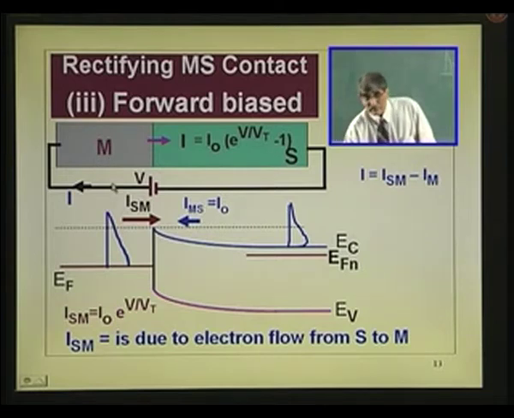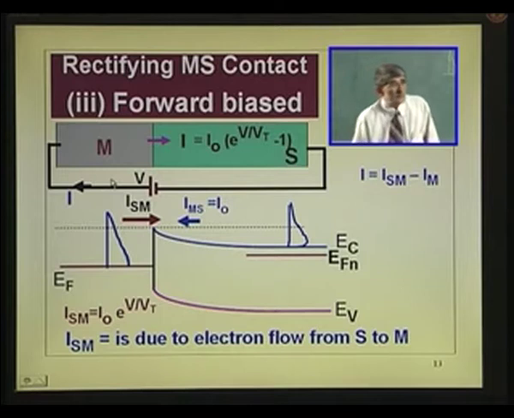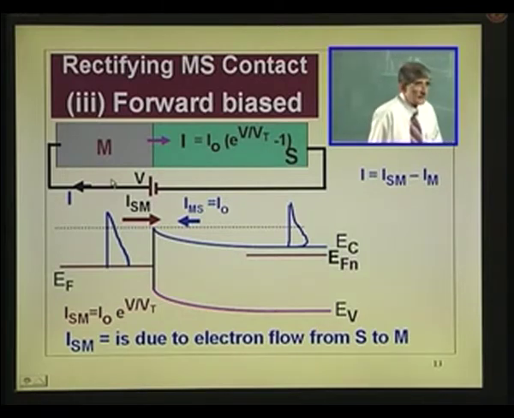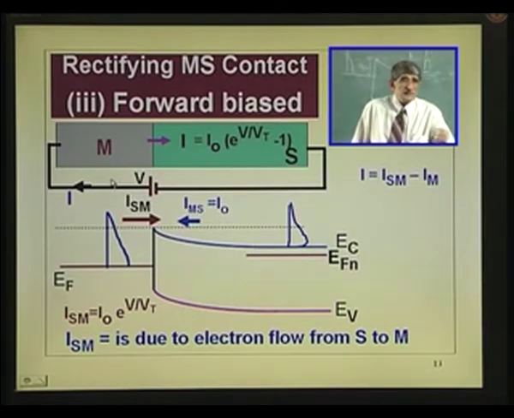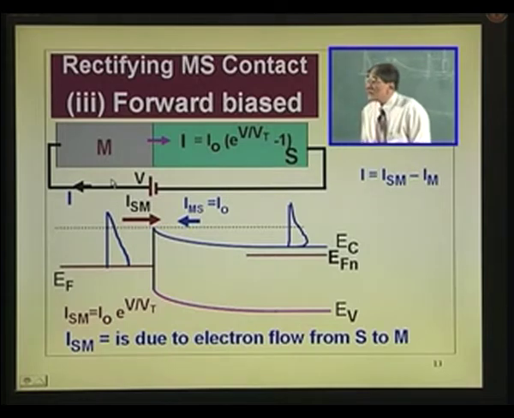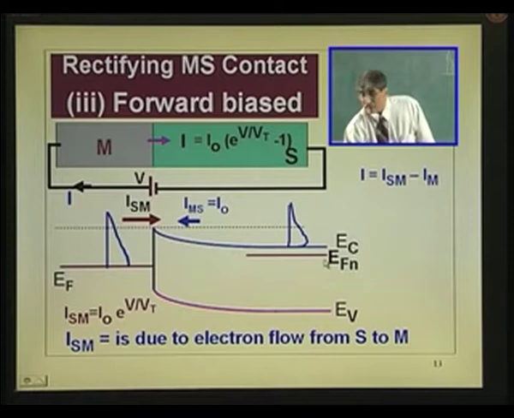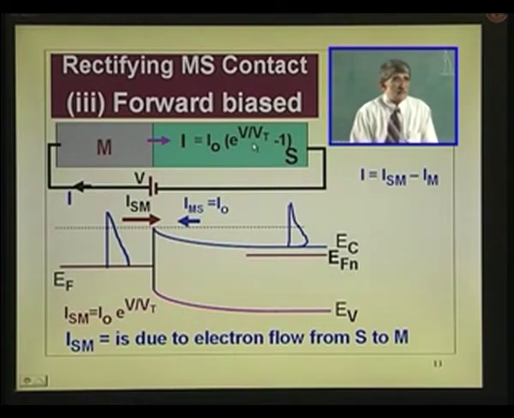When you forward bias, in the case of an N type semiconductor, metal is positive, semiconductor is negative, just like a p-n junction, where you make the P type region positive. Then I naught from here is not changing, but the other one is increasing. As a result, you have got the current like that, exactly like the diode.